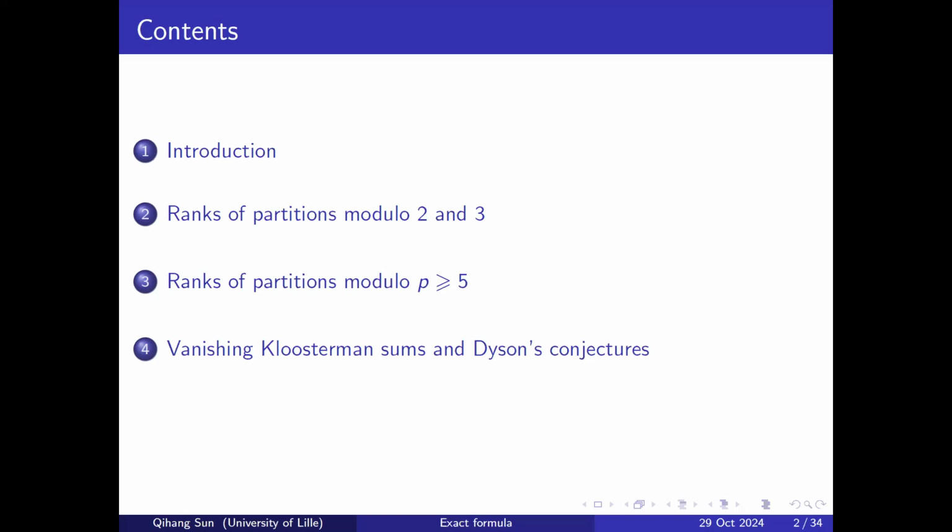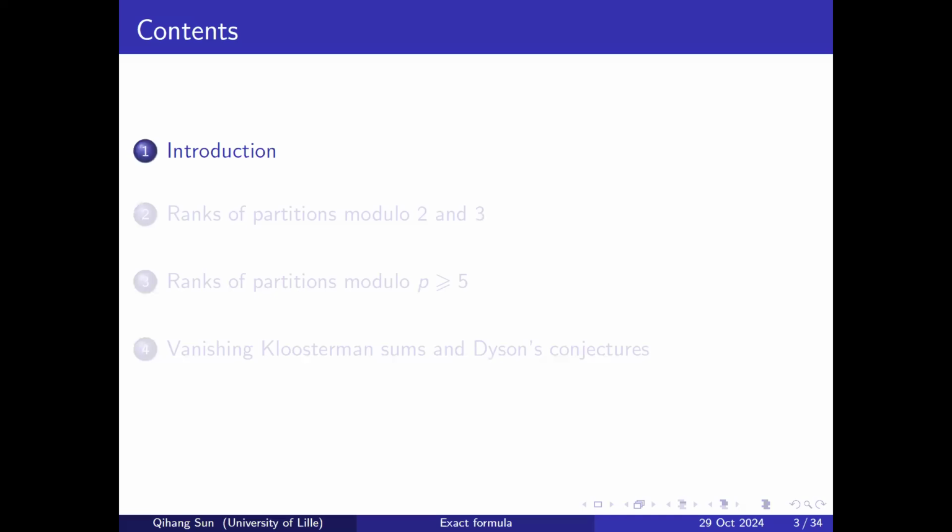After that, for the prime 5 and 7 cases, which are the cases of Ramanujan's congruences, we will see a new proof of the Ramanujan congruences. I know there are many proofs already, but I'm pretty sure this will be a very crazy one.